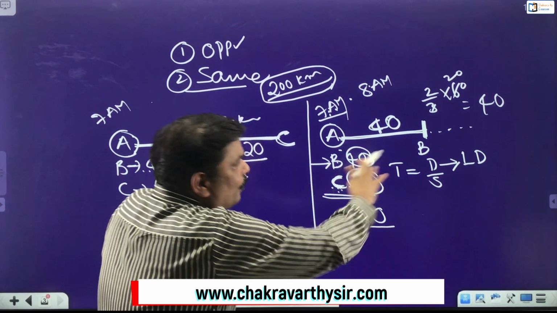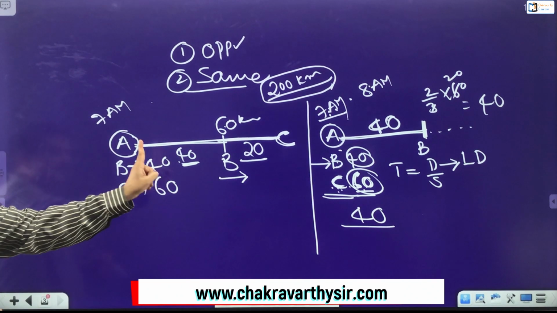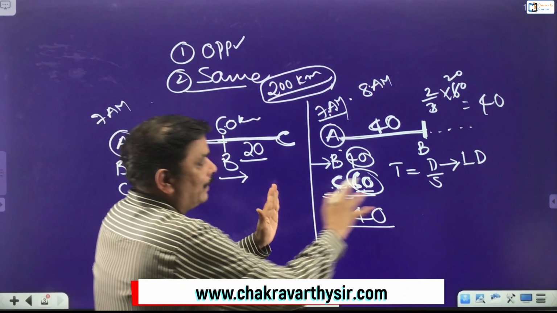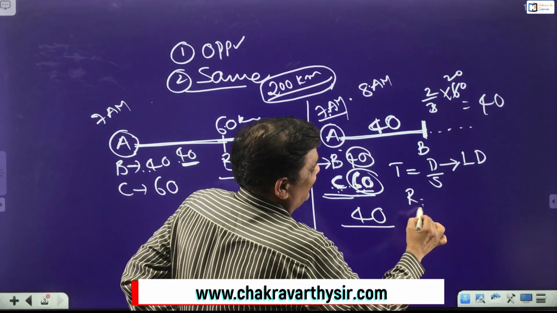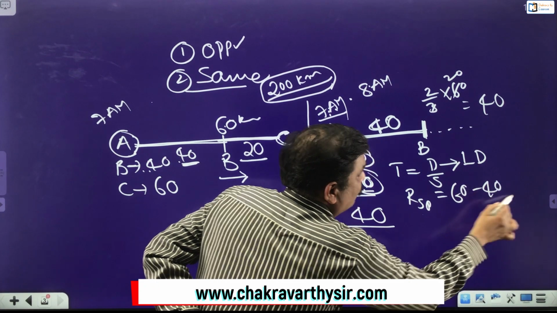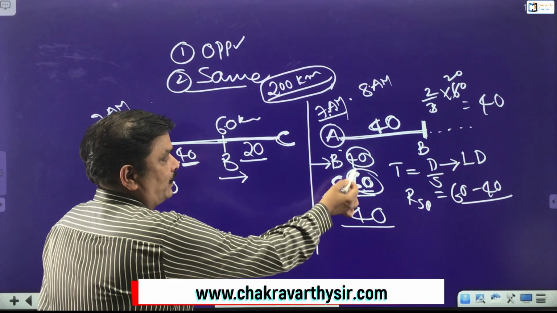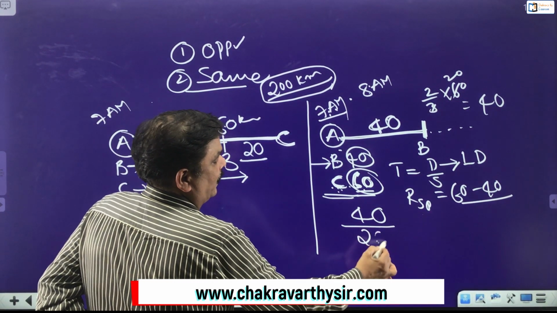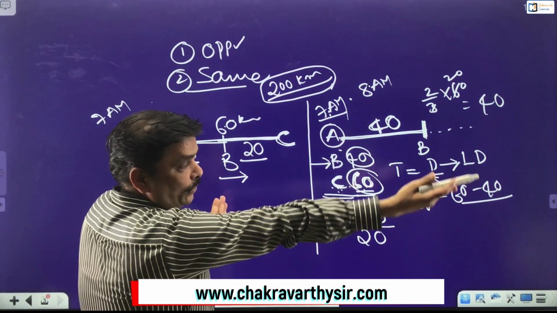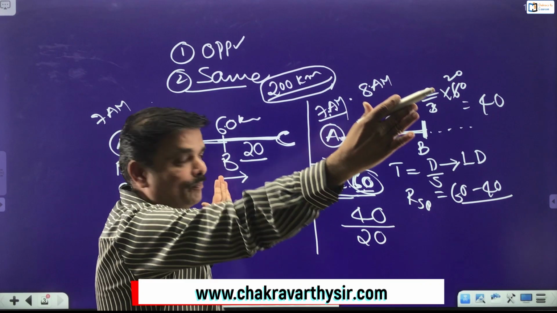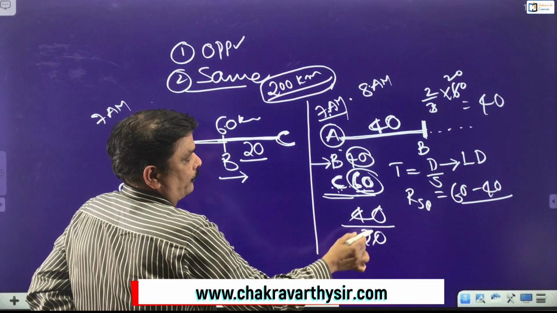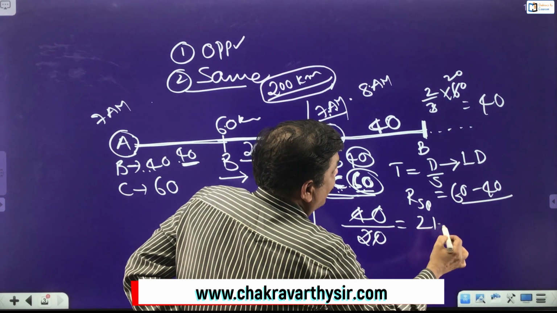Since both are moving in the same direction, as I have explained with the 20 kilometers example, the relative speed is 60 minus 40, that is 20 kilometers per hour. Now in how much time is the car going to catch the bus when both are moving in the same direction? That is 40 by 20, of course this is 2 hours.